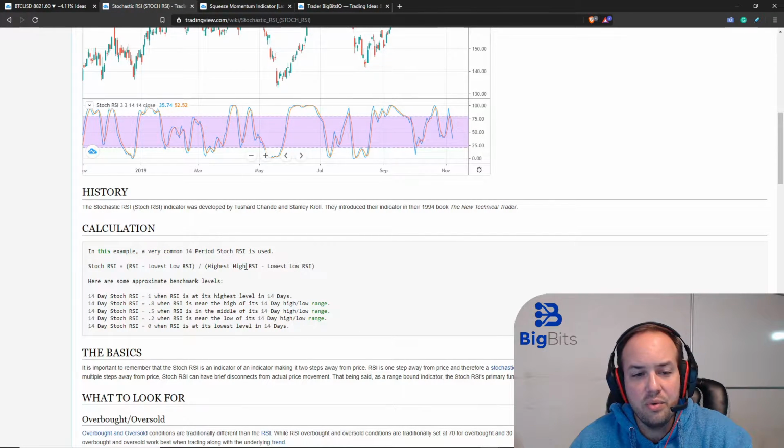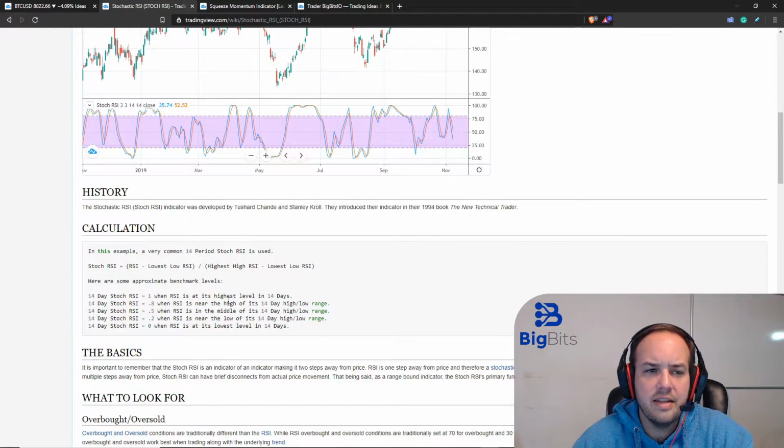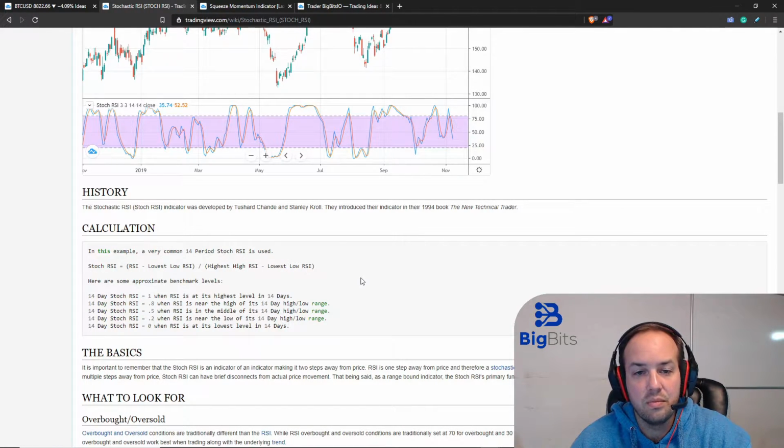And we are going to use the stochastic calculation on the RSI value. Now, there is a stochastic indicator that uses the price of whatever you're looking at, whatever the candles are.